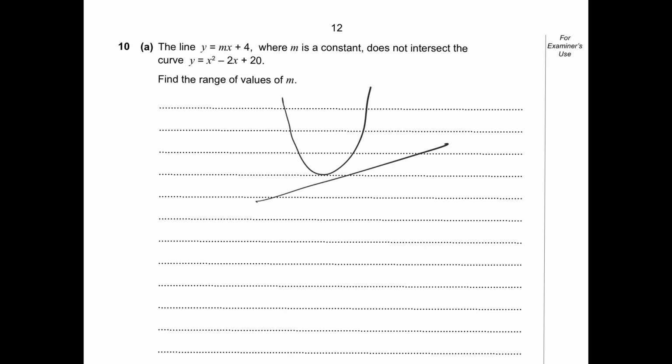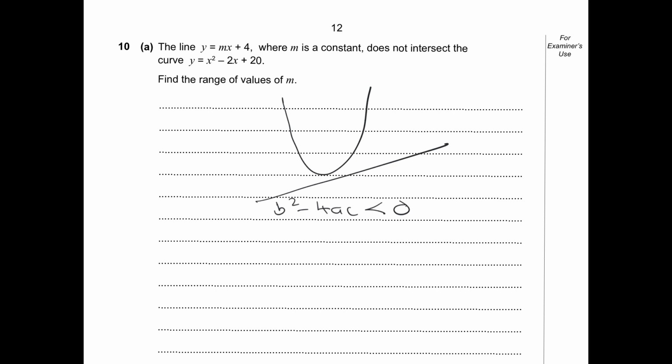So what situation do we have for our discriminant? Remember, nature of roots is mainly to do with the discriminant. We expect our discriminant, b squared minus 4ac, to be less than 0. So that's what we want to have.